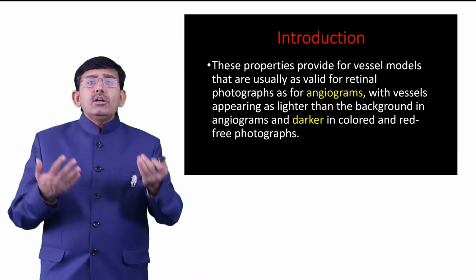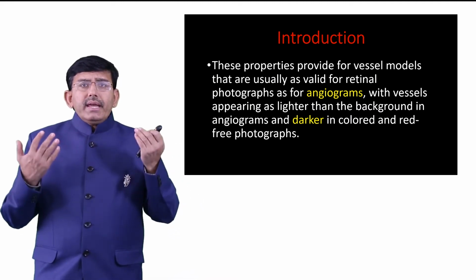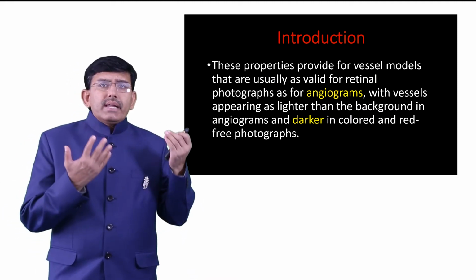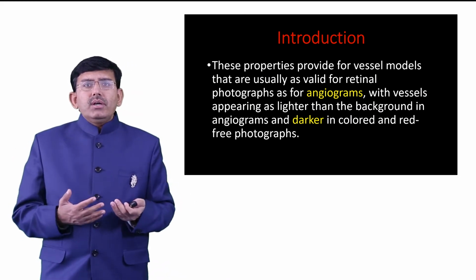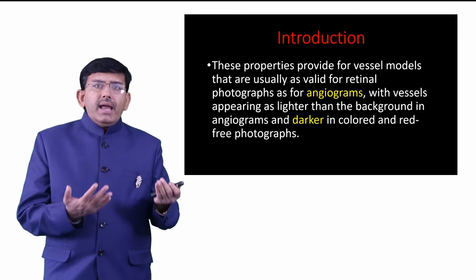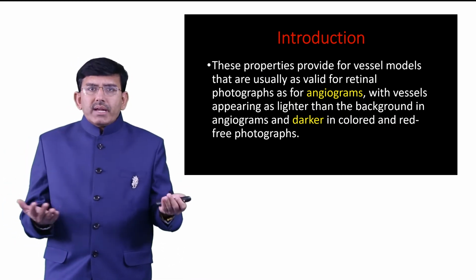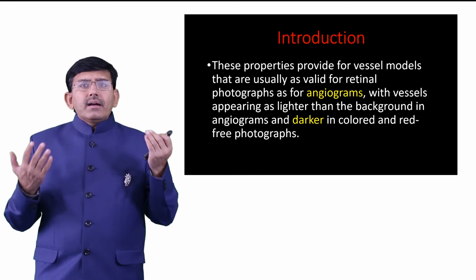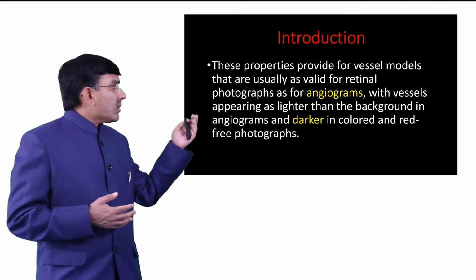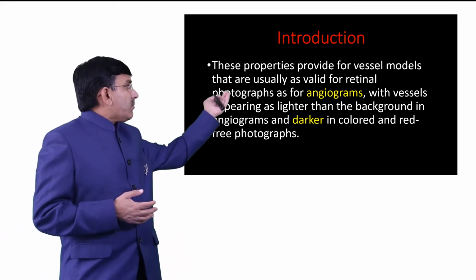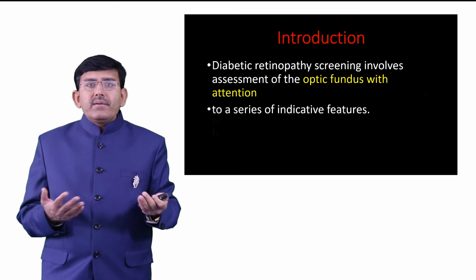These properties provide for vessel models that are usually as valid for retinal photographs as for angiograms, with vessels appearing as lighter than the background in angiograms and darker in colored and red-free photographs. So according to the color model change, the different lesions can be highlighted.